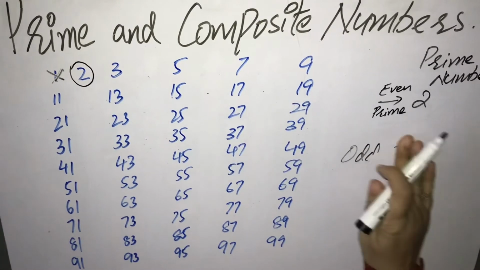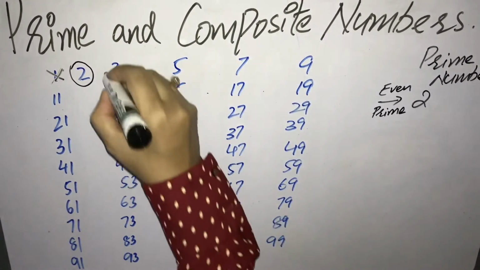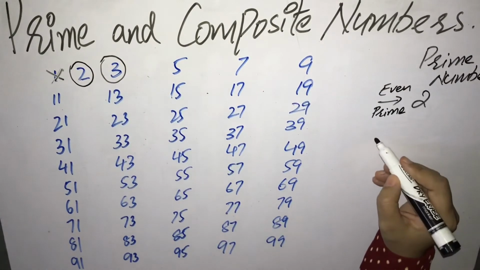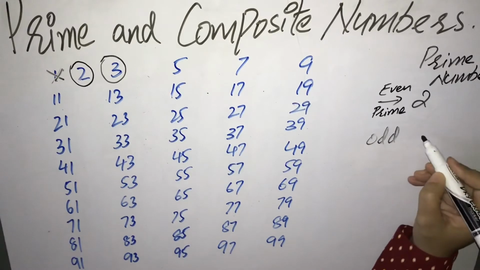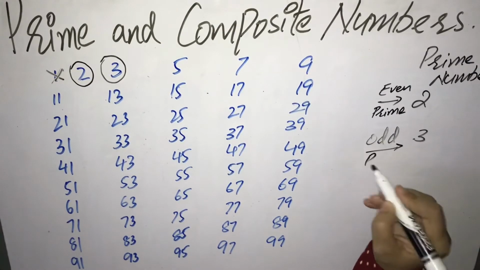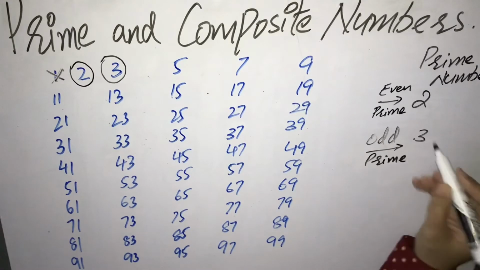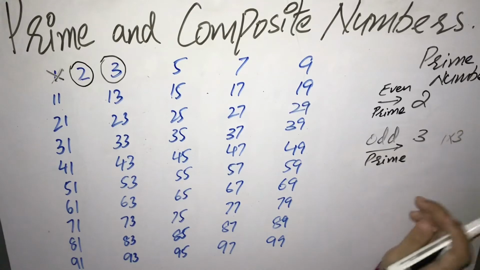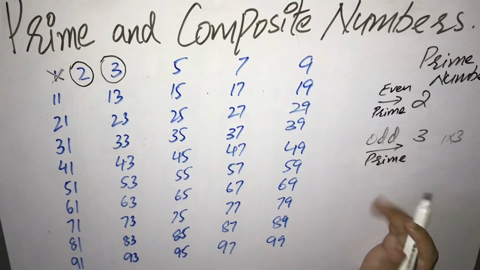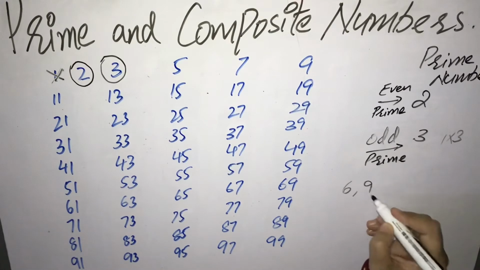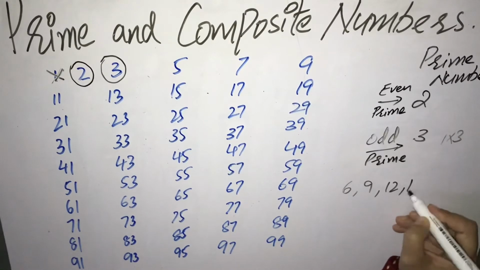Okay, now we go for 3. We discussed that 3 is a prime number. 3 is the first prime number which is odd. The first odd prime is 3 as it has only 2 factors, 1 into 3. Now all the multiples of 3, for example 6, 3 2s are 6, 3 3s are 9, 3 4s are 12, 3 5s are 15.